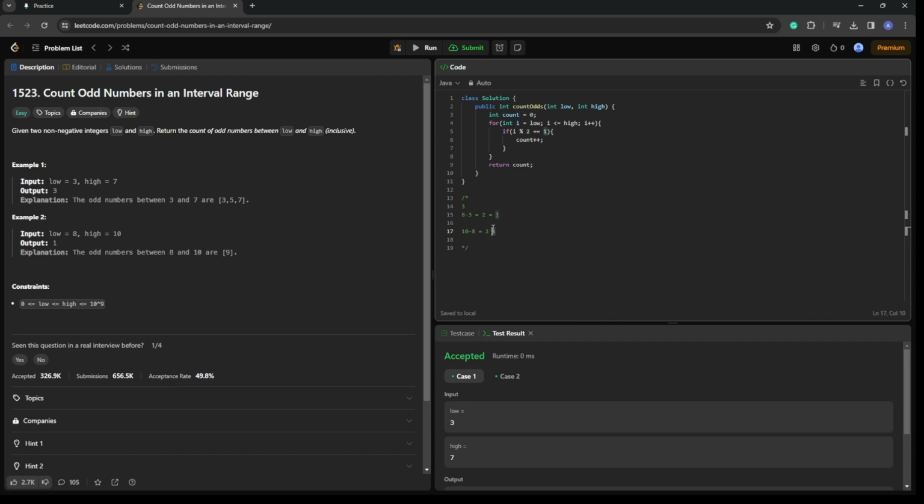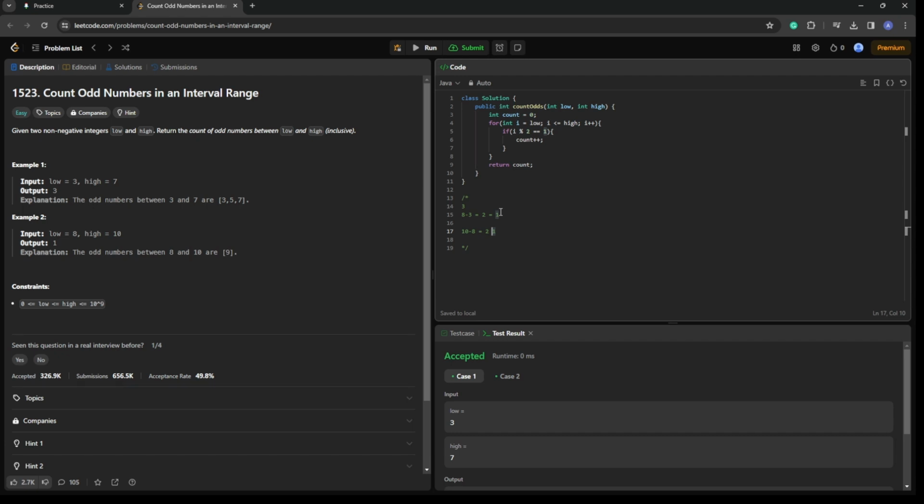So the low was 5 and 7. We only have 5, 7. That'd just be 2. 7 minus 5 is 2, right?